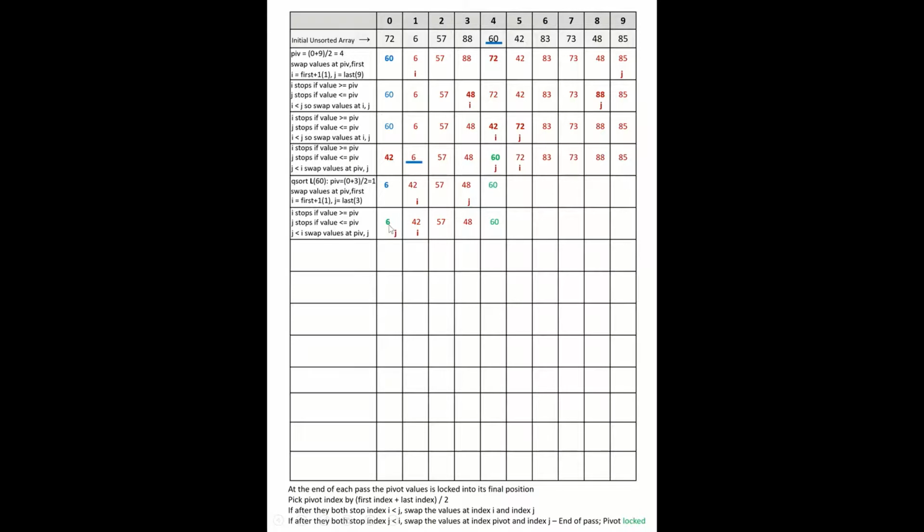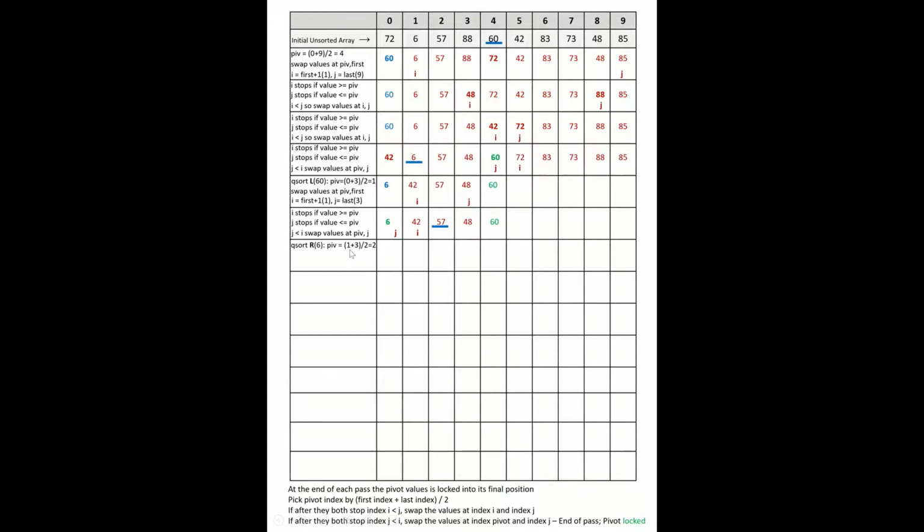So then we will call quicksort on everything that's to the right of 6, and that's what's shown here. Quicksort to the right of 6. Well, what is that list? That's the list that goes from index 1 all the way to index 3. It's this list, okay? And so we must do the same thing.